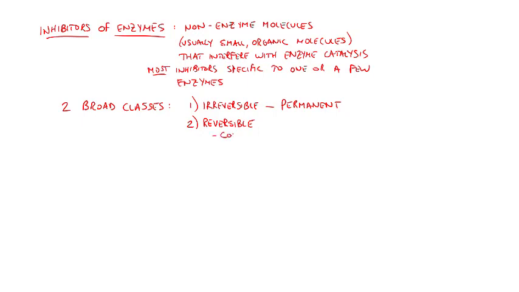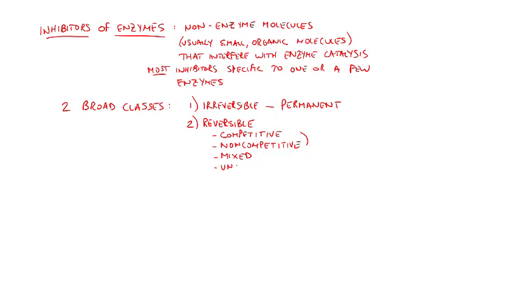And then there's several subclasses of reversible inhibitors. We've got competitive inhibitors. We're going to talk about each one of these separately. We've got so-called non-competitive inhibitors. We've got mixed inhibitors, which is a combination of those two in some respects.